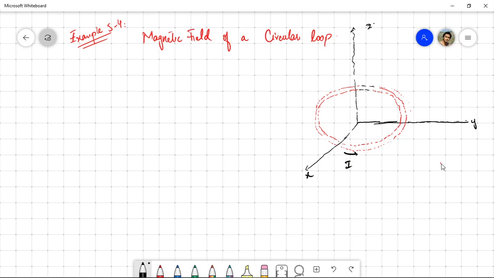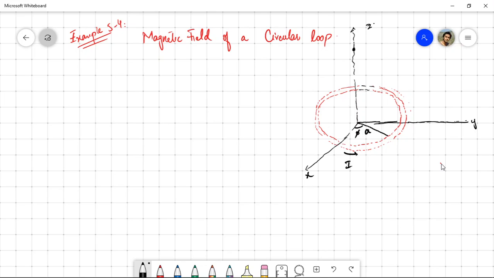and the radius of this circular loop is small a, and the angle that it makes from x is phi, as we know, and we have to calculate the value of dH, or the value of H, at this point.